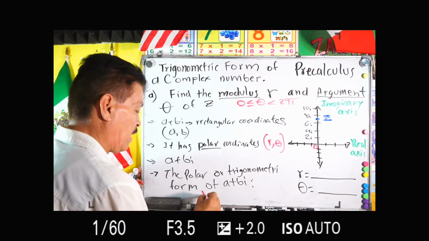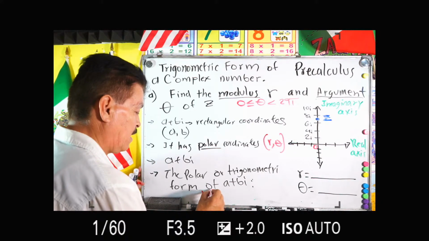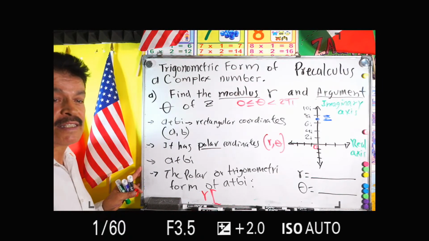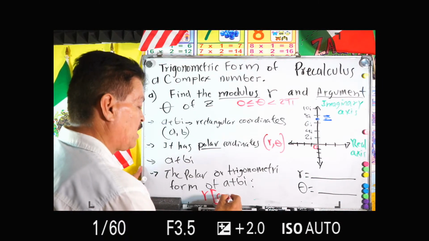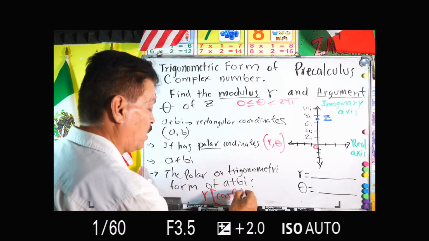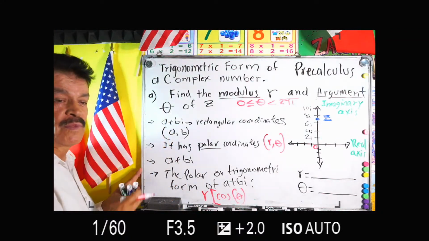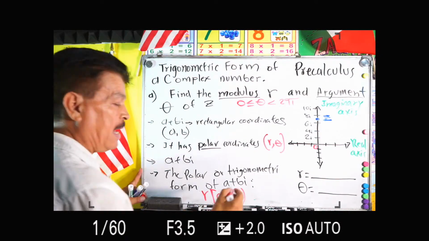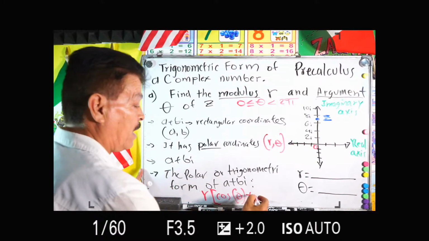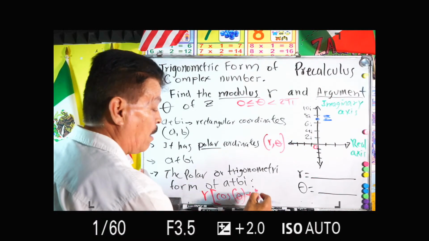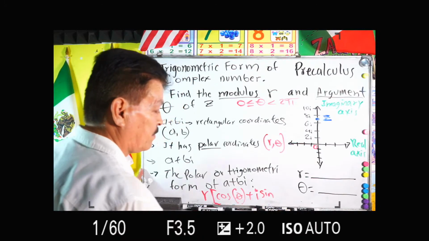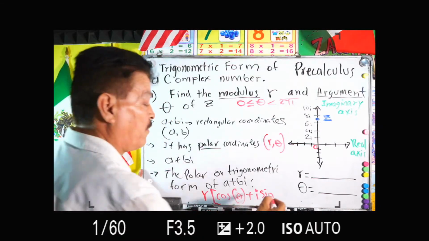We have to write r, open parenthesis, and inside we write cosine of the angle we are talking about, and then plus i, the imaginary, sine of the angle.